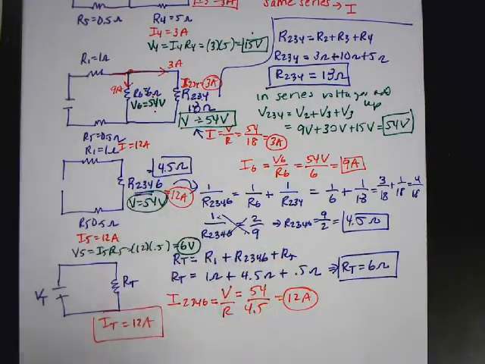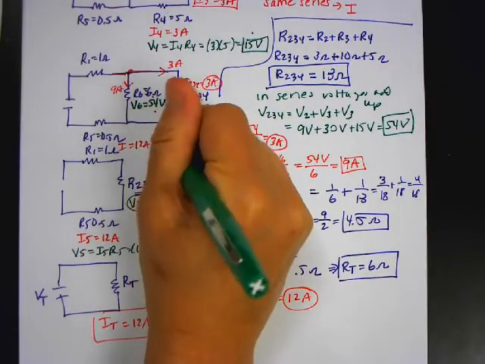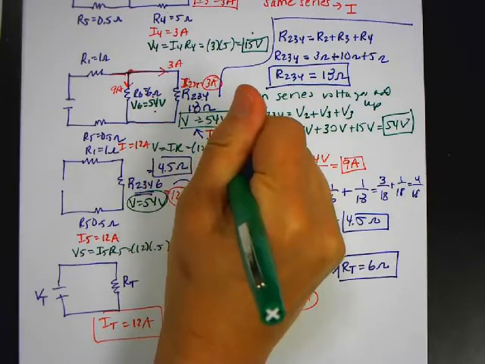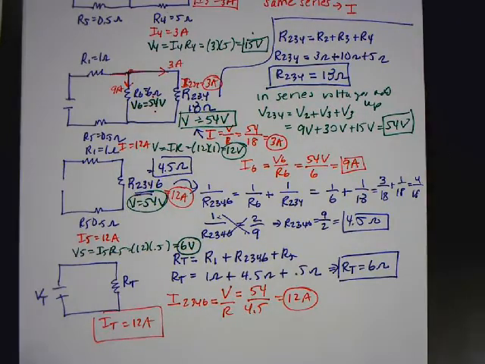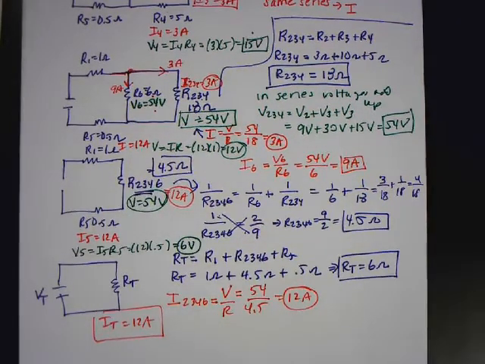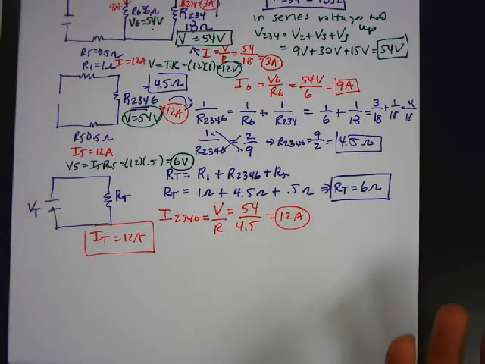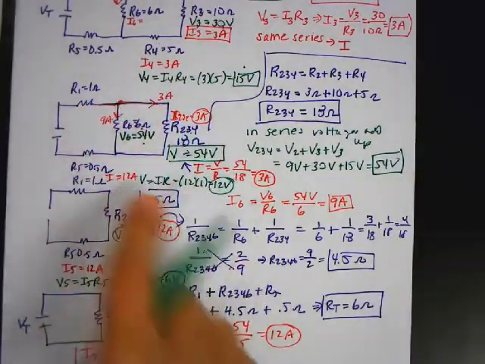This is 54 volts, and then here I can say V is equal to IR, so I can say 12 times 1 is 12 volts. It's not easy to follow there, so you can write it out on the bottom. Did I find the current and the voltage drop across every resistor? Did I find I and V for every single one?